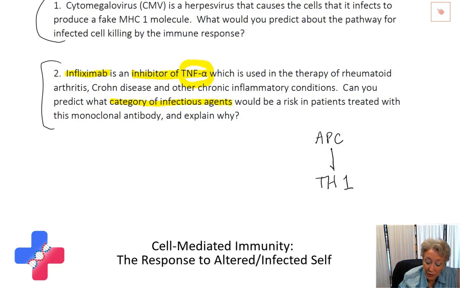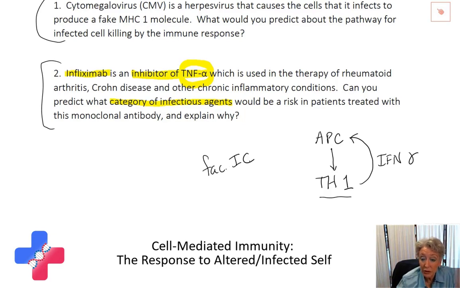TNF-alpha is one of the secretions of that cell that is going to stimulate my T helper 1s to reciprocally stimulate through interferon gamma. And if you recall, that very specific loop within the nirvana diagram on the cell-mediated side is the one that is involved in the management of the facultative intracellular pathogens.